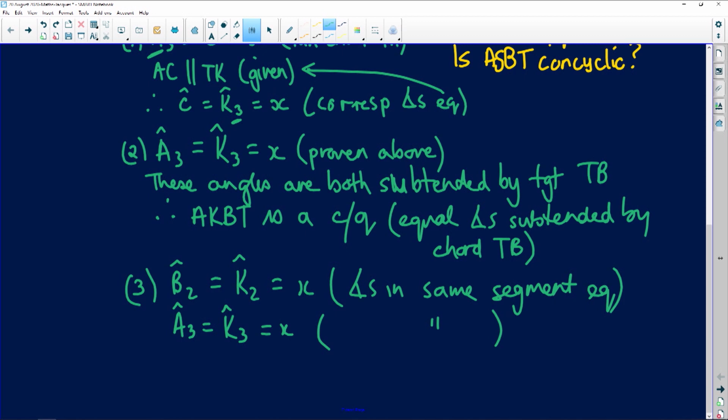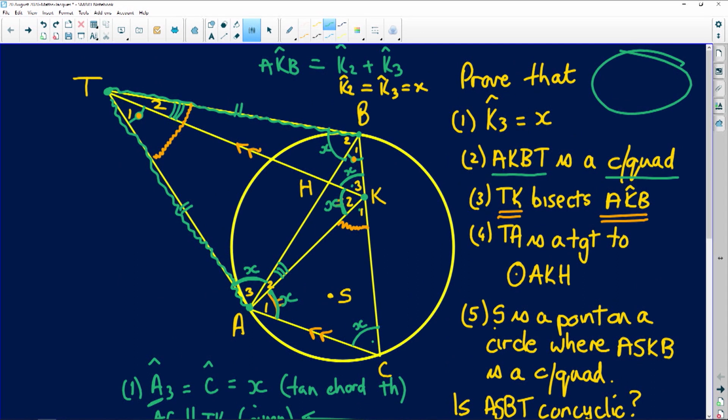Now we connect them via angle A3 and B2 that are equal to each other. So we say, but A3 is equal to B2. Why is that so? They are angles opposite equal sides. Why are they angles opposite equal sides? Because these two tangents are equal to one another.